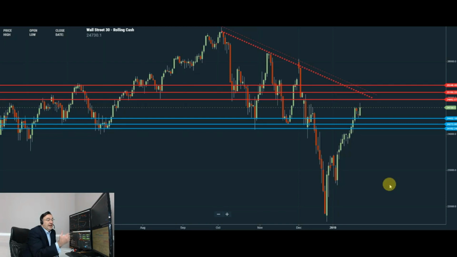Only the end of day close and the loss of that level, which is 24,432, could negate this intraday bullish sentiment, potentially targeting deeper downside retracements towards 24,272, possibly even 24,150, which is signified by the cluster of these previous lows here.